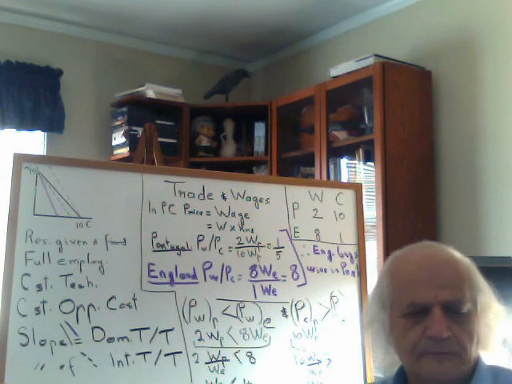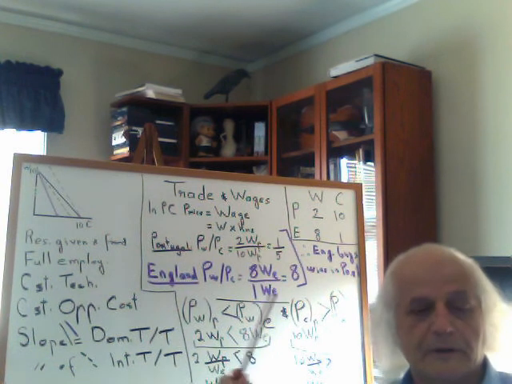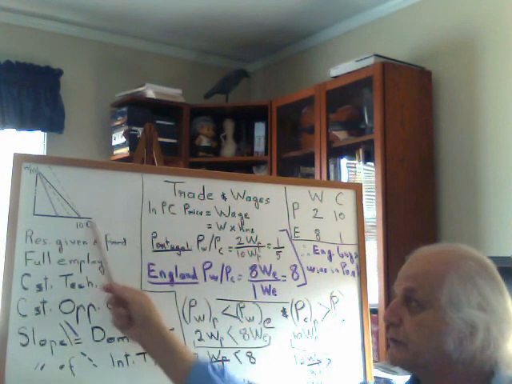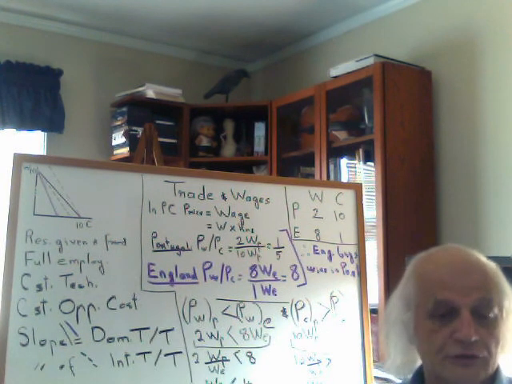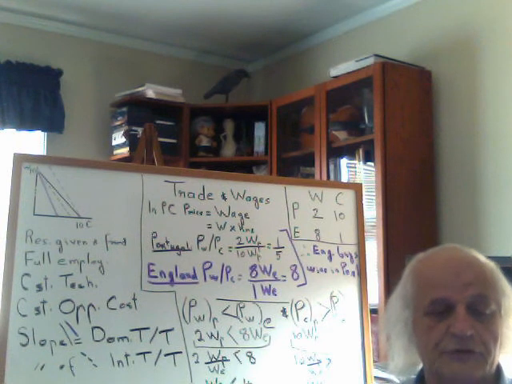Now, to sum up one more time, trade is really nothing else but the idea of being able to take advantage of an efficiency of another country, and you allow the other country to take advantage of your efficiency. So you specialize in something, they specialize in something, and you trade with each other.